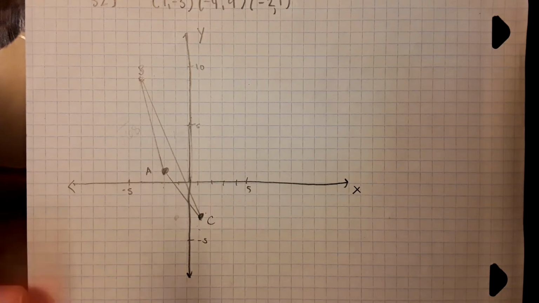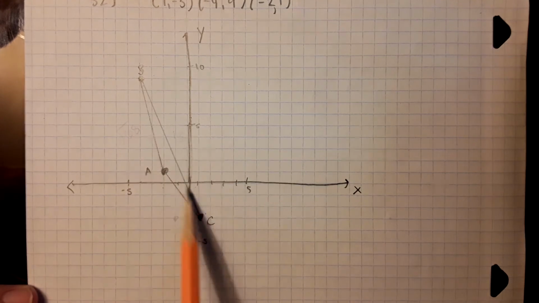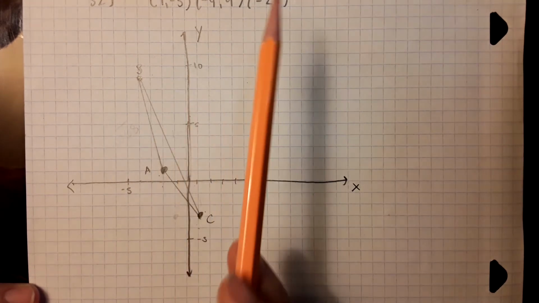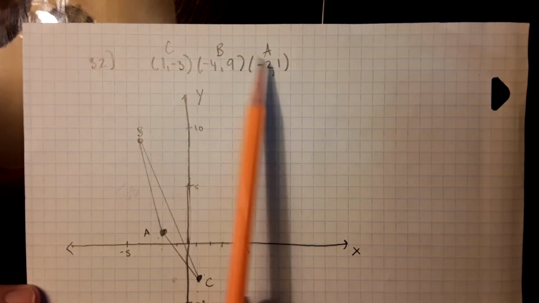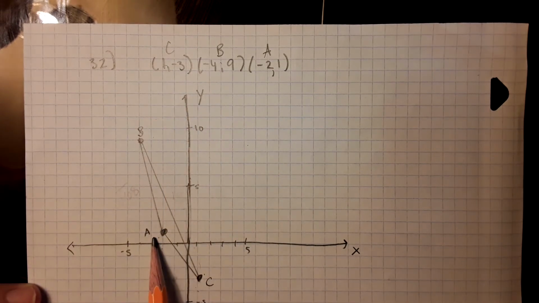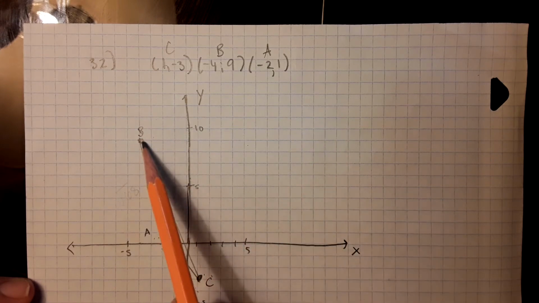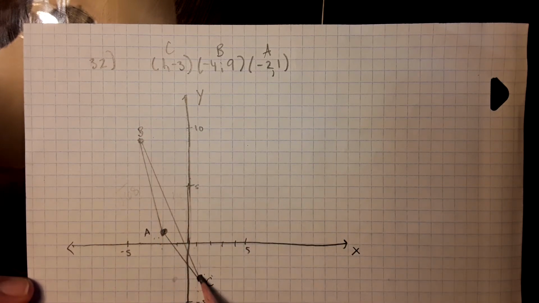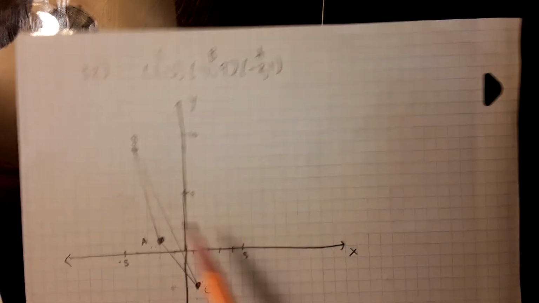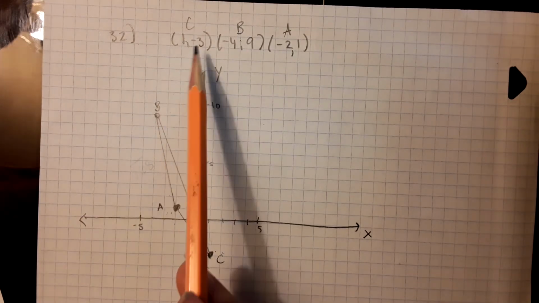So if we want to find the perimeter, we need to know all of these lengths. So I labeled my points A, B, and C. And I'm going to find the distance from A to B, and the distance from B to C, and then the distance from C to A. So you need to use the distance formula between all the points.